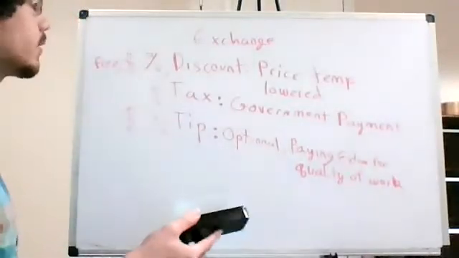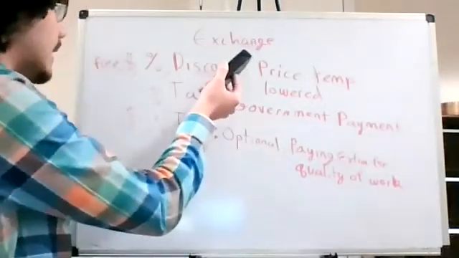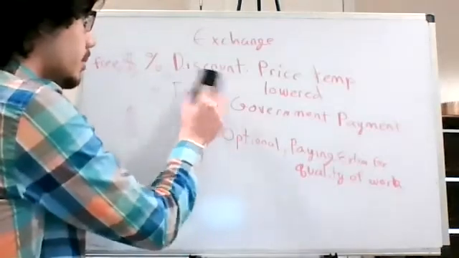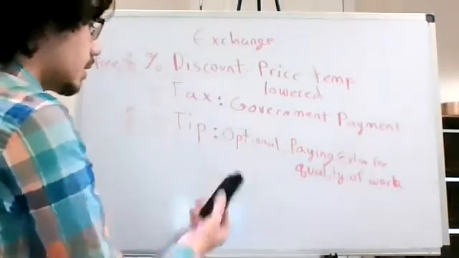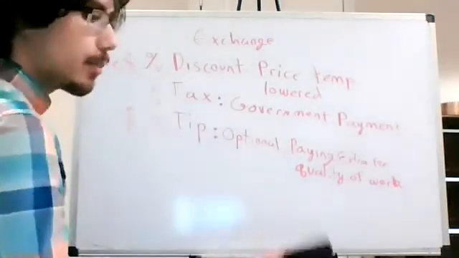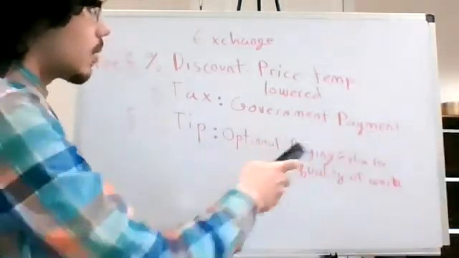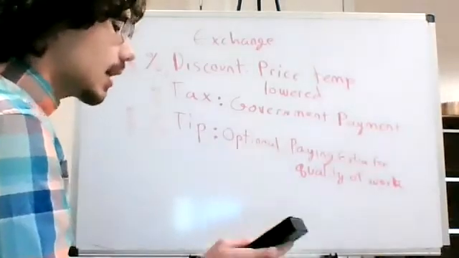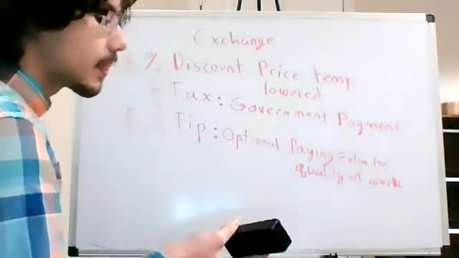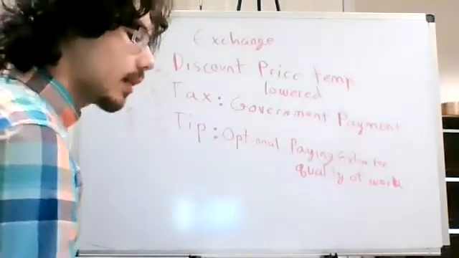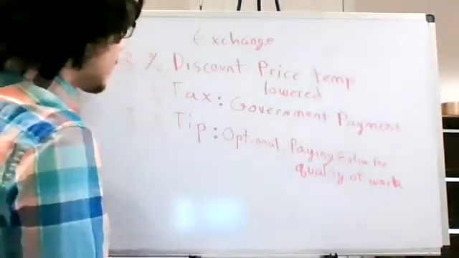So far, we went over exchange, referring to discount, tax, and tip. This is what we generally apply to exchange, at least commercially, what we would most likely have to deal with in our normal lives.